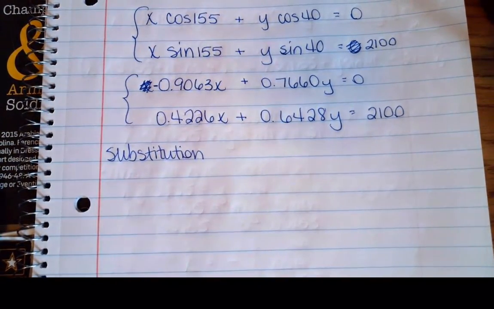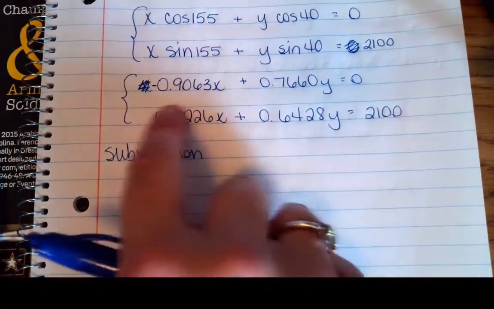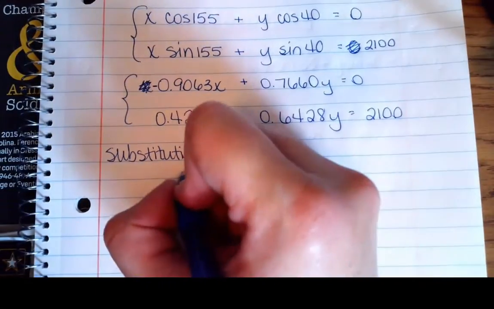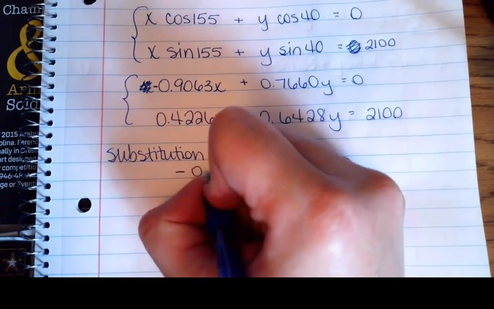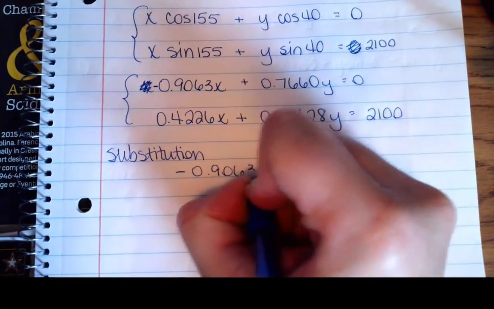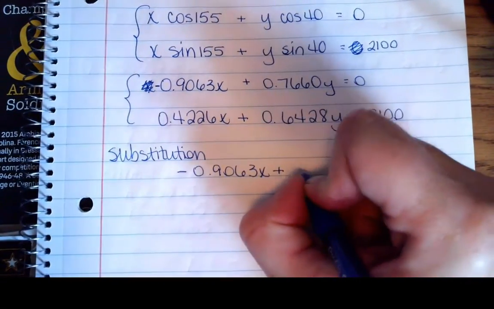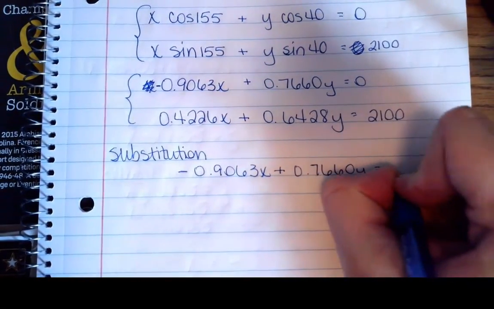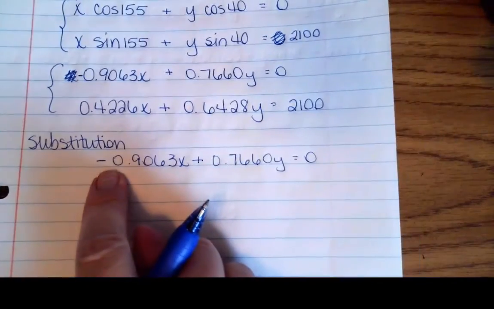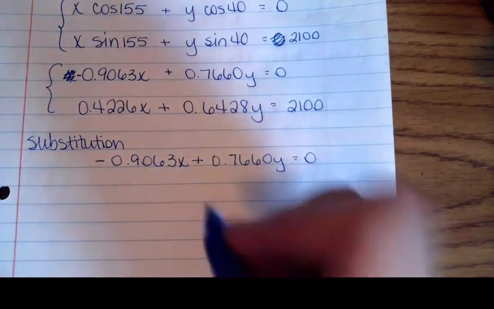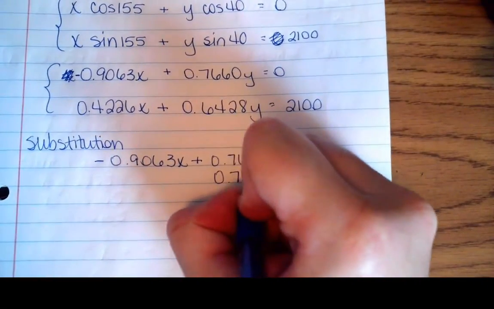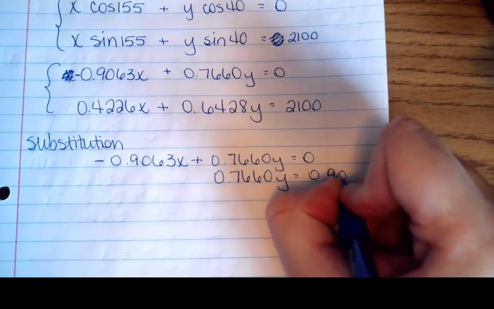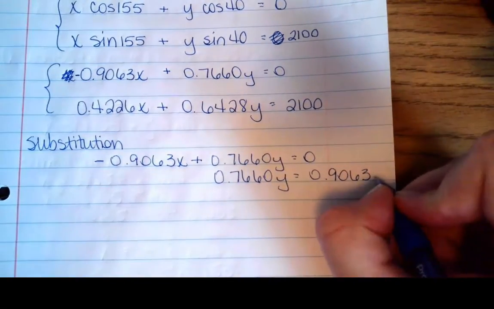And so looking at this for substitution, I'm going to grab my top row and I'm going to solve for y. So my top row says negative 0.9063x plus 0.7660y will equal 0. So I'm going to add this negative term to both sides. So 0.7660y will equal a positive 0.9063x.